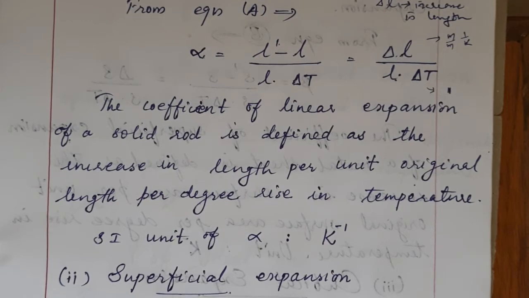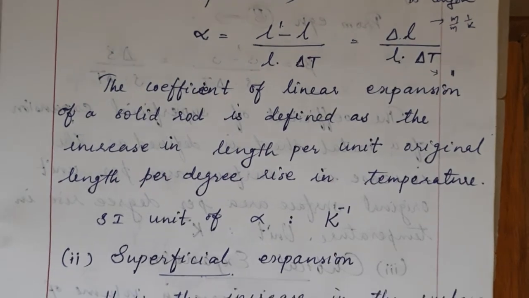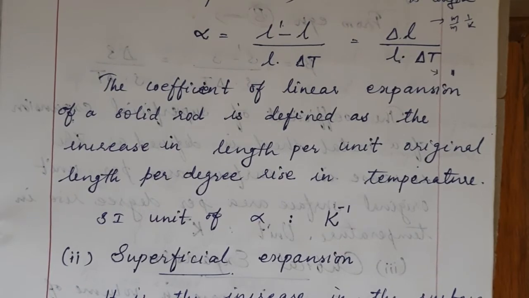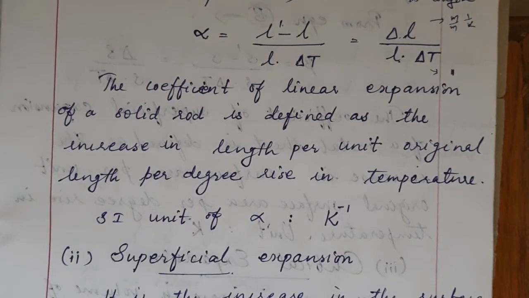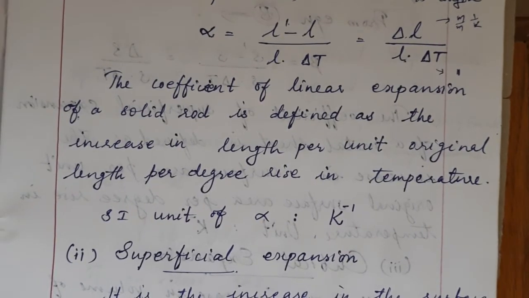Similarly, we have another term that is called superficial expansion. This superficial expansion is the increase in the surface area of a metallic body. So when a metal is heated, its surface area also increases. This increase in the surface area is known as superficial expansion.